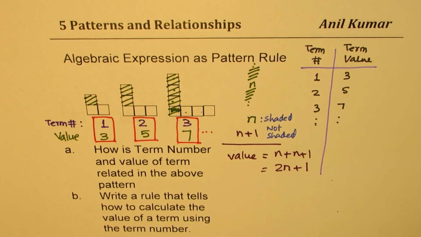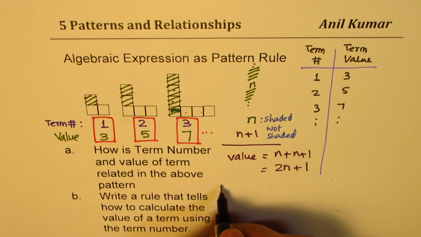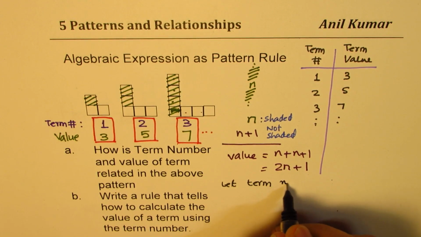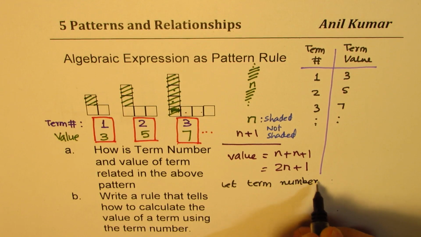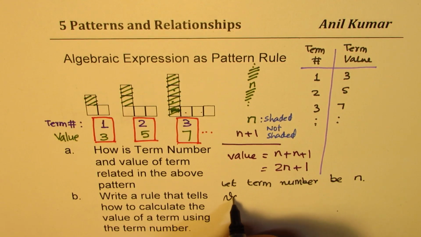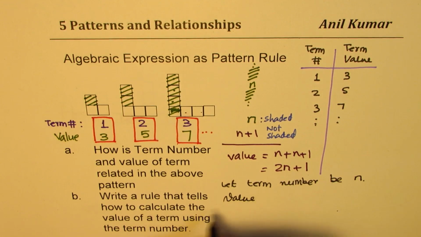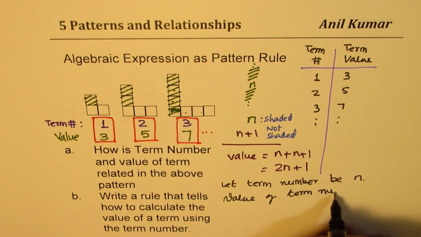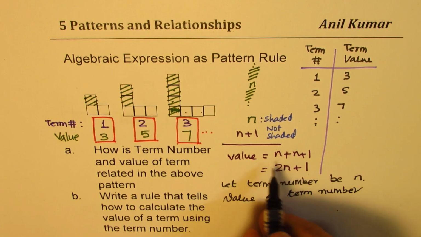Part B is: write a rule that tells how to calculate the value of a term using the term number. So in our case, let the term number be n, right? So the value of term number n is how much? We just found.